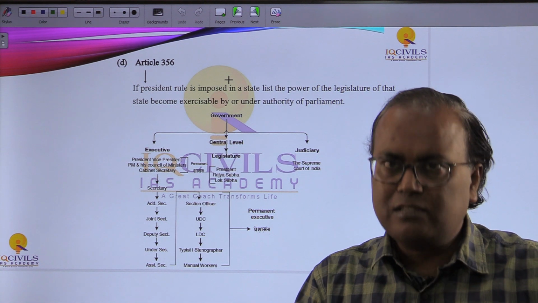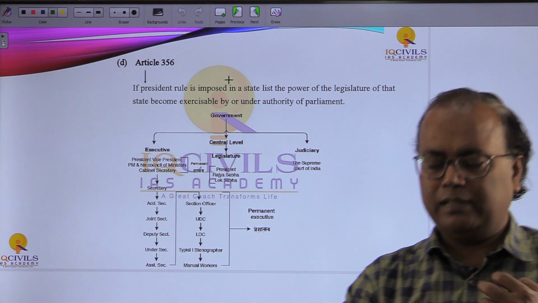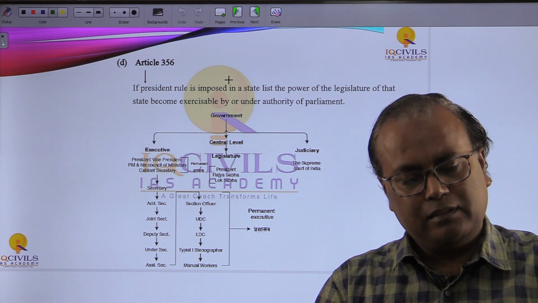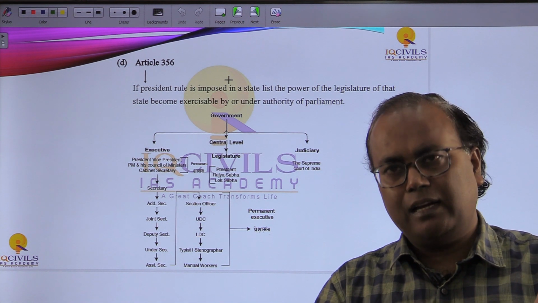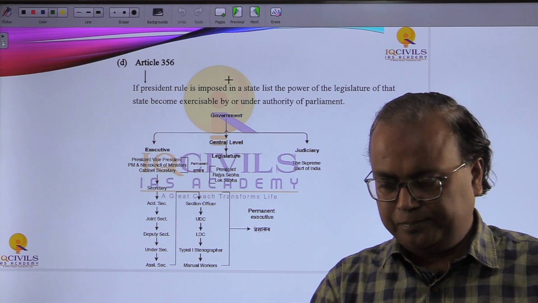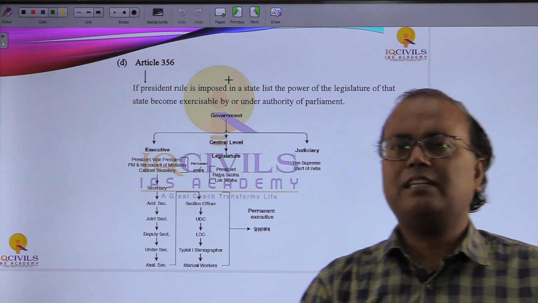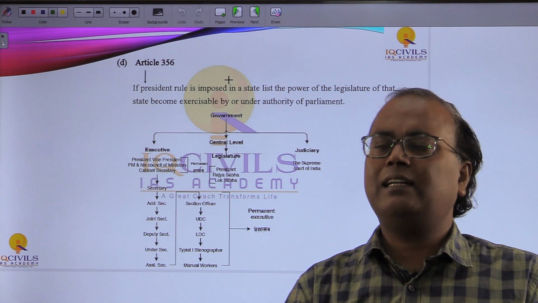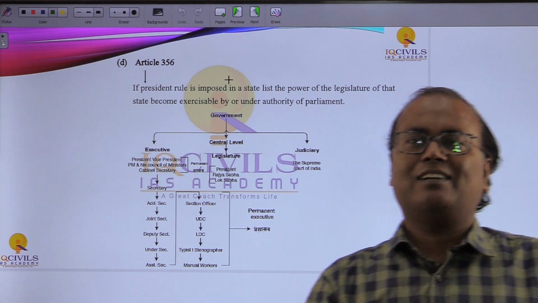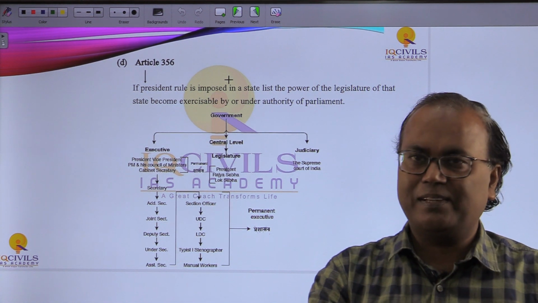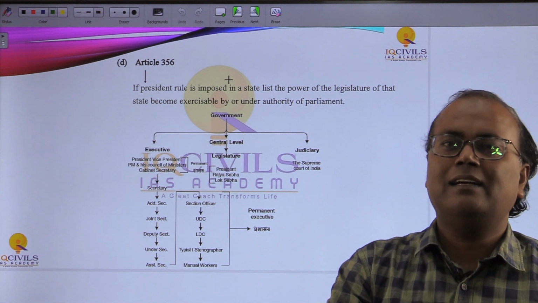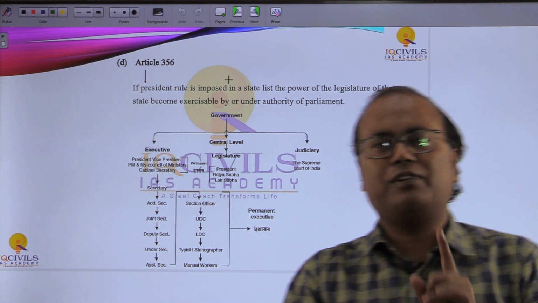And all the executive power is going to be handled by the Governor, and the Governor acts in accordance with the President of India's direction. The President of India certainly acts in accordance with the aid and advice given by the Council of Ministers headed by the Prime Minister. The President can send it back once for reconsideration.